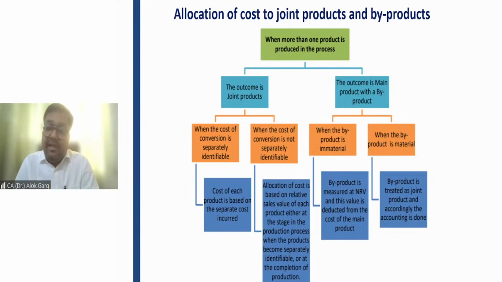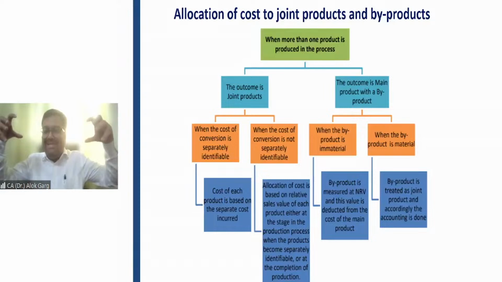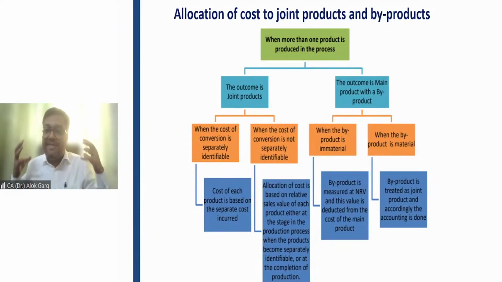But now the question came: how to allocate? Because when you are digging an oil well, you are getting two products out of a single production process. It may be a situation where you will not be able to identify the cost separately. So the question arises: how to allocate the common cost into the two different joint products?